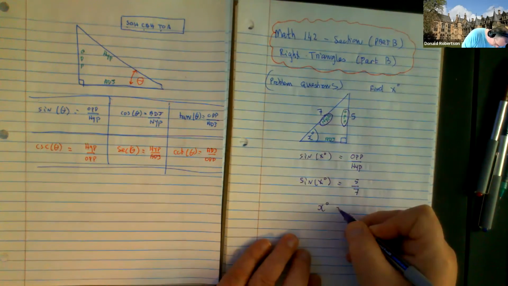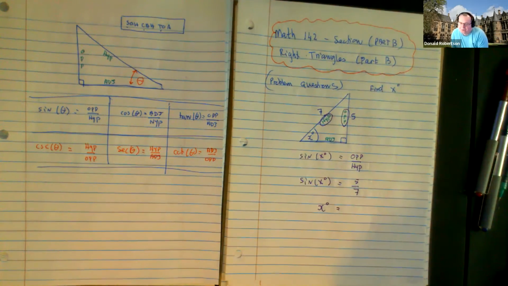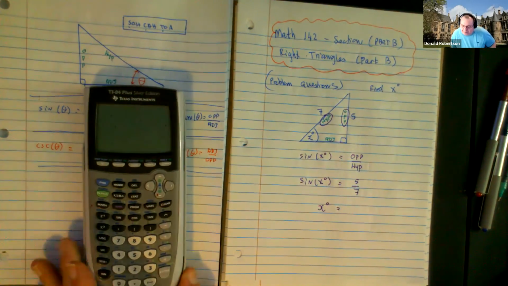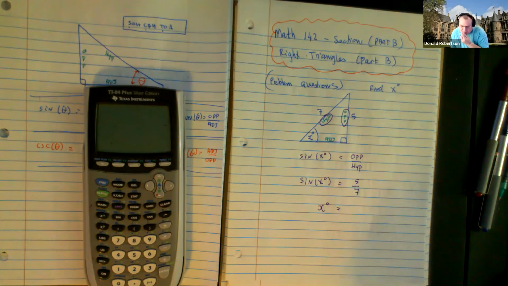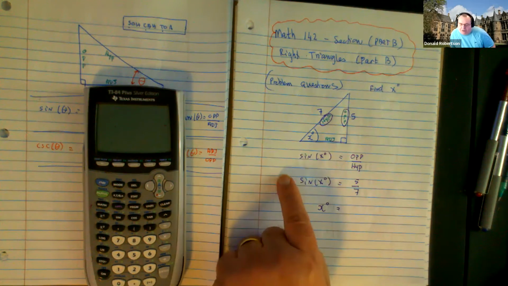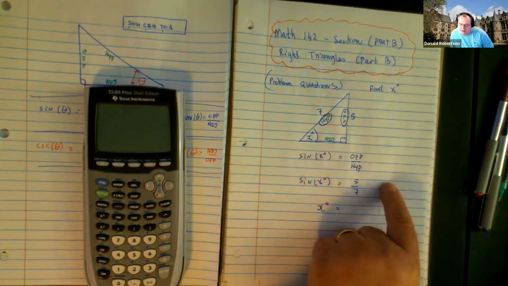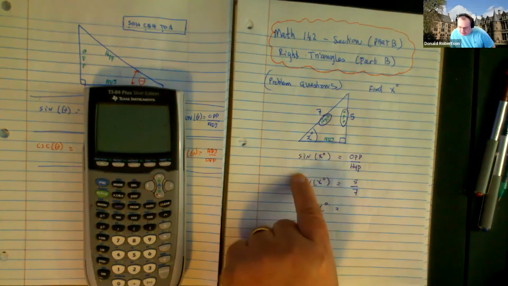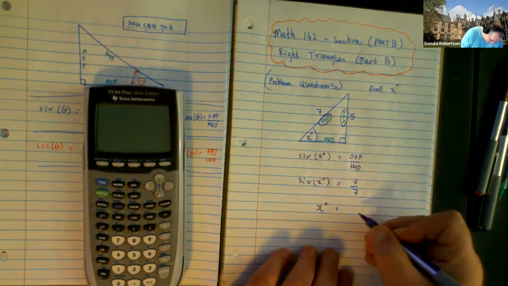So now we can find the missing angle, and we're going to let the calculator do it. Remember we did those inverse sine, inverse cosine questions? I'm going to do something a little bit different, but still using inverse sine. I'm going to take the inverse sine of both sides, and the inverse sine of a sine gets you x.